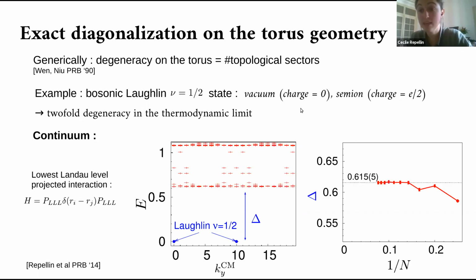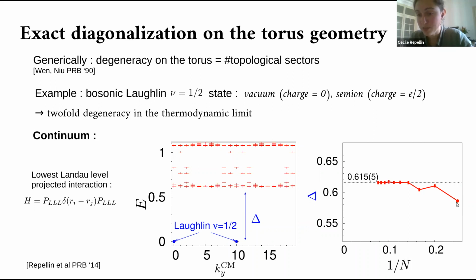And it turns out that the correlation length in the system is so small that even for relatively small sizes, the many-body gap starts to converge quite fast. So here I have represented the many-body gap, delta, as a function of 1/n, where n is the number of bosons. So if you want, the thermodynamic limit would be at 0 here.